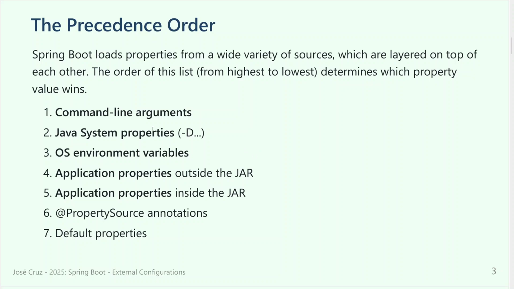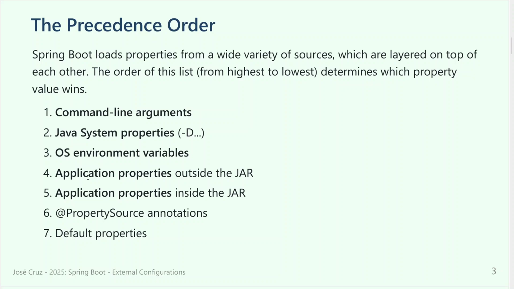So the precedence, as I was saying, is like this. If you provide the configuration at the command line, as a command line argument, it will override any other one that you put on your application, even if it's Java system properties using the Java virtual machine parameters, or environment variables, or application properties, which is really close to your application.